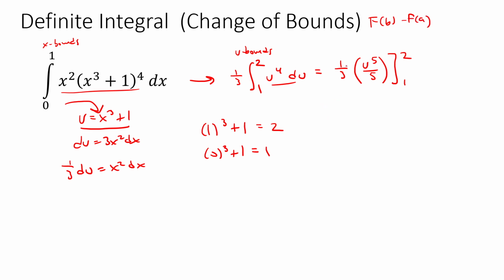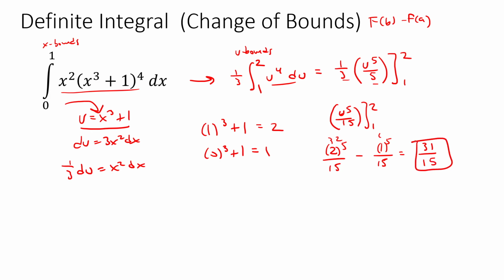So this will become, I'll just clean this up and multiply the 1/3 by the 5. So this will be u to the 5th over 15. And now I will plug in 2. Okay, so we just go right to plugging it in, and then I will plug in 1. And that's going to be 32 minus 1, so 31 over 15.